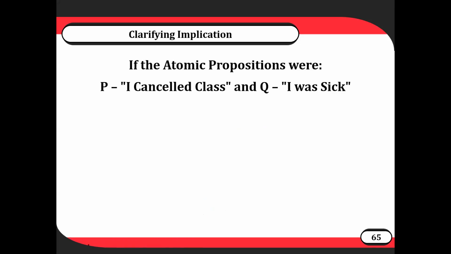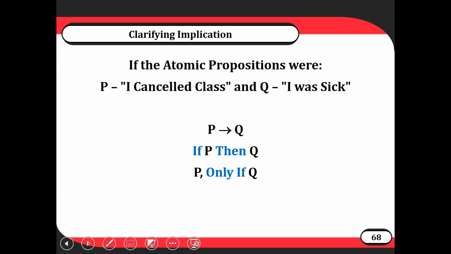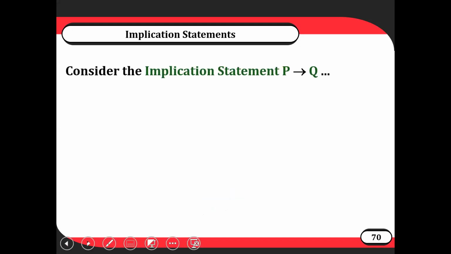All right, so if the atomic propositions were P, I canceled class, and Q is I was sick, then P implies Q, if P then Q, P only if Q, and Q if P are all equivalent. So let's consider the implication P implies Q. These are different variations on the implication.